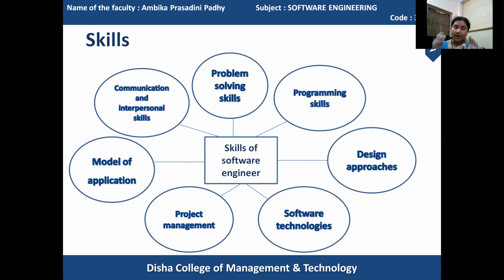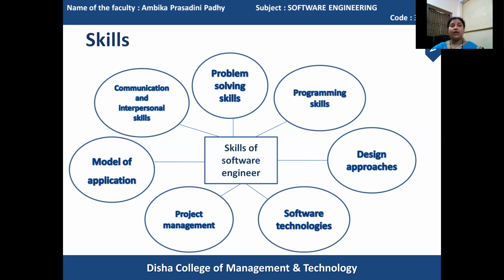Got it? Understood? Then one most important point is the communication and interpersonal skills in software development. The software engineer should be well communicated, with good interpersonal skills, as there are a number of colleagues and many supporting people inside the software development process.